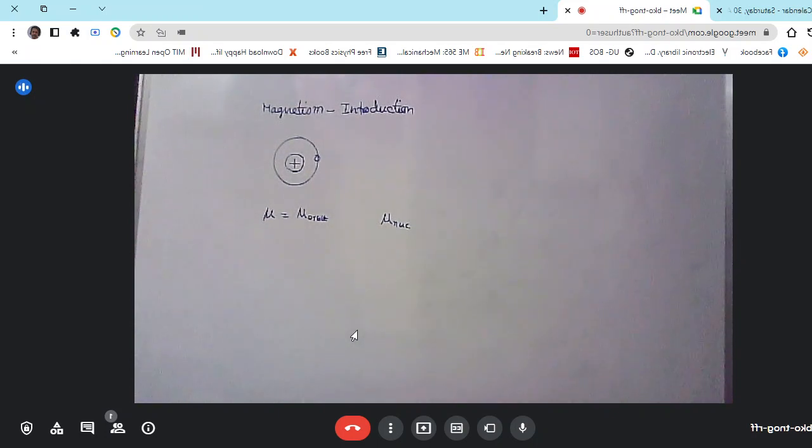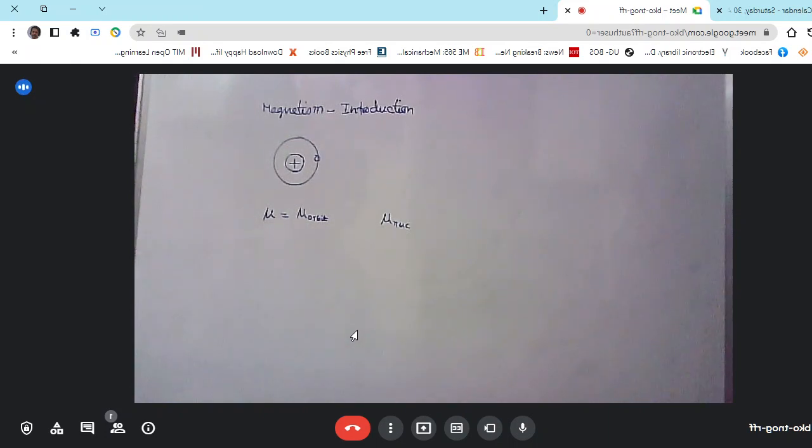They may not be in the circular orbit, they may be in the elliptic orbit, but in all the cases, this moving charge, this moving electron, constitutes a current. And whenever I have a current inside a loop, then according to Ampere's theorem, if I look from outside, I will think that, well, there is some magnetic field.